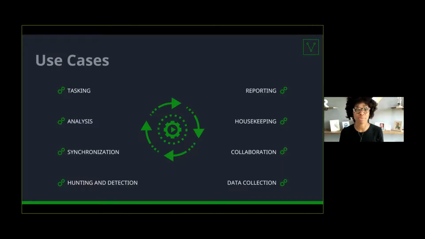So some automation examples include ingesting tasking from external systems, like a Jira ticketing system, enriching data that may be related to one of your current research tasks, performing hunting and detection using services like Yara or hybrid analysis. You can even analyze data using automation. So if you want to cluster data in the graph by pivoting through data and identifying key relationships, you can do that as well.